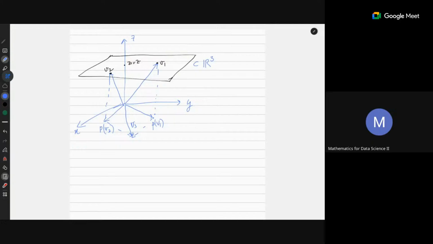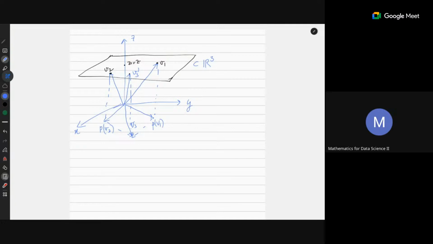So in this case, let's say this point will project to V3. So this will be the addition, so let's call it V3 prime. So this V3 prime vector will project to V3, and it is a point in the subset.